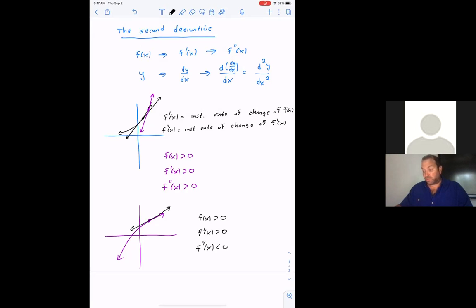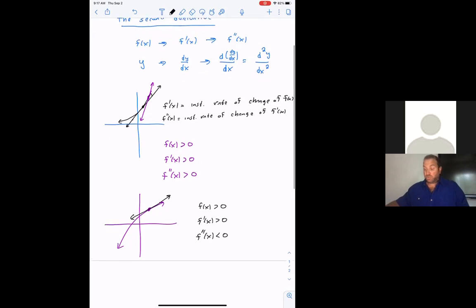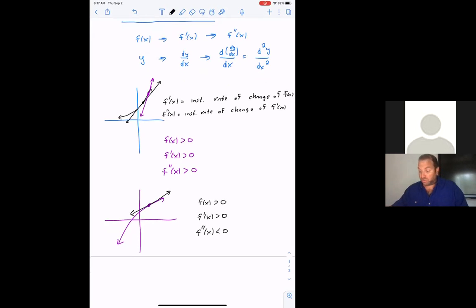So the second derivative, the rate of change of the first derivative here, is actually negative. So in general, if a function looks kind of like a bowl, then the second derivative is positive. And if the function looks kind of like a hill, then the second derivative is negative. Why? Because the slopes keep getting smaller here versus here where the slopes keep getting bigger.